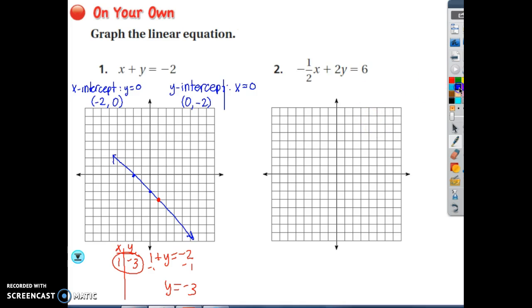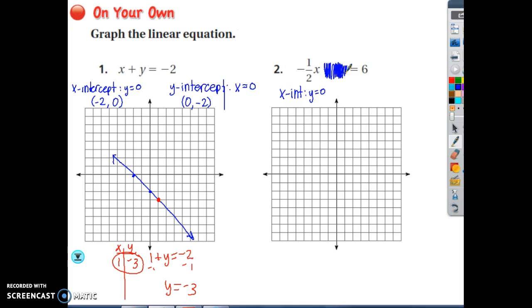In example 2, we'll go ahead and do the same thing. I'm going to graph this using intercepts. So to find my x-intercept, I'm going to let y be equal to 0, and when I do that, this whole y term zeroes out and is no longer necessary. So all I have left now is the equation -1/2 x is equal to 6.